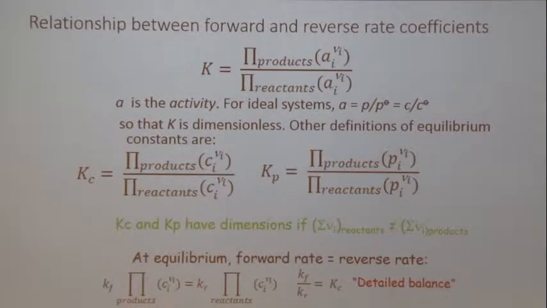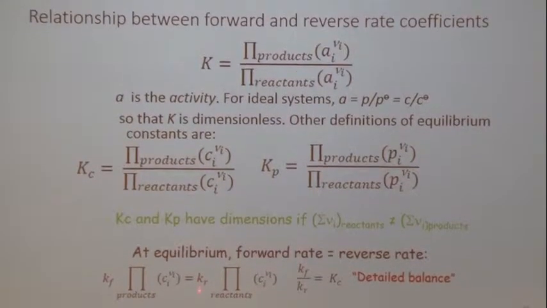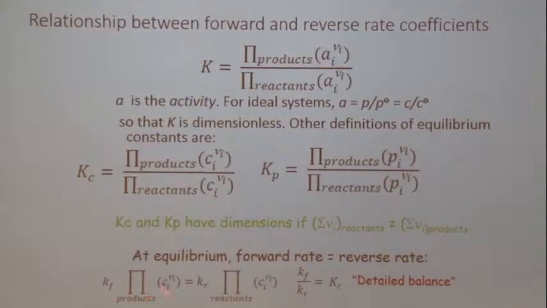And it turns out that the reason you're at equilibrium is when the forward rate of a reaction is equal to the reverse rate of the reaction. Therefore, K forward times the concentrations of the reactants, sorry, and K reverse times the concentration of the products are equal. Therefore, K forward over K reverse has got to be equal to Kc by the formula here.